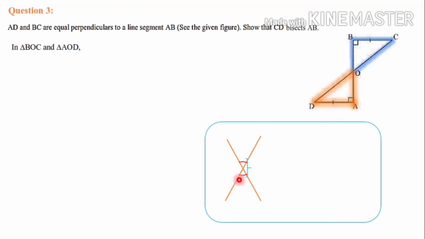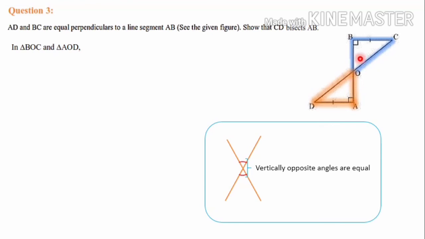One pair is this one and another pair is this way. So four angles are there, 1, 2, 3 and 4. Here the opposite pairs, this one and this one, are called vertically opposite angles. So vertically opposite angles are equal. That we have studied in the smaller classes.